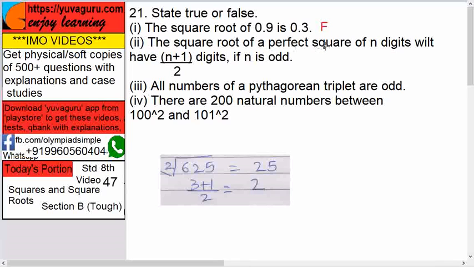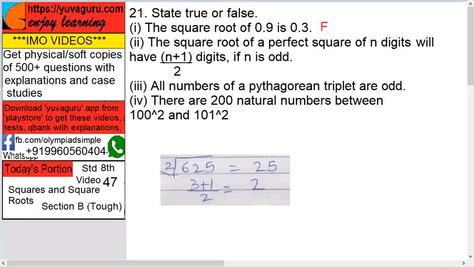The square root of a perfect square of n digits will have (n plus 1) upon 2 digits if n is odd. It means any number which is a perfect square, and if the number of digits in that number is odd, then the square root will have (n plus 1) upon 2 digits.